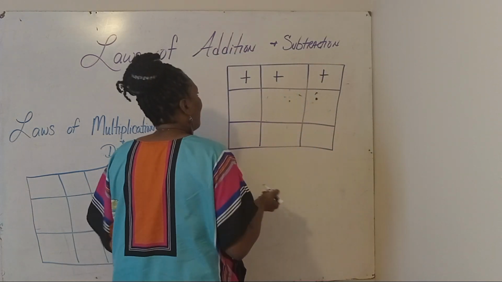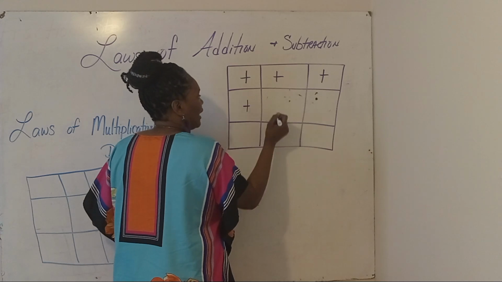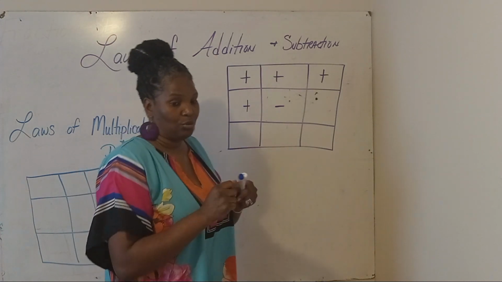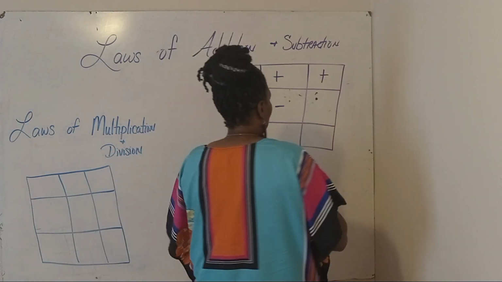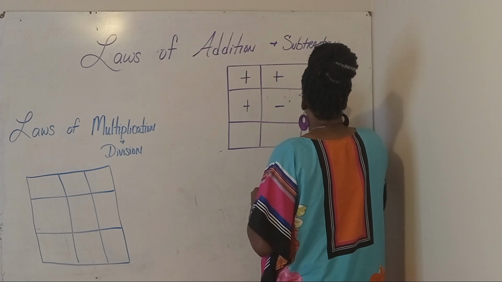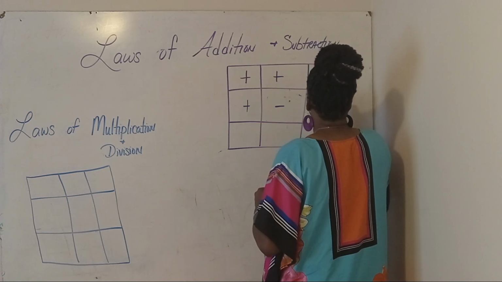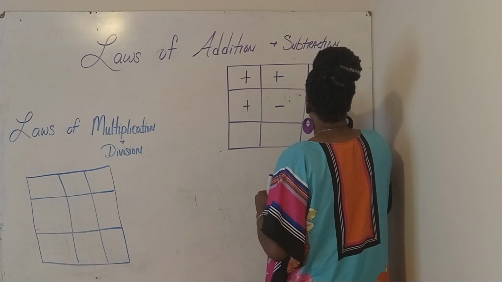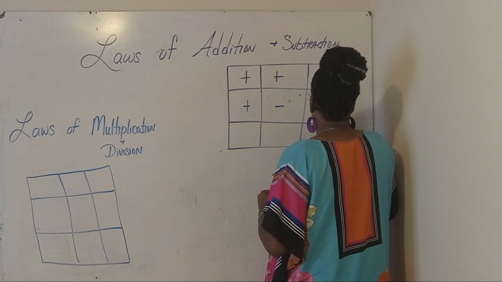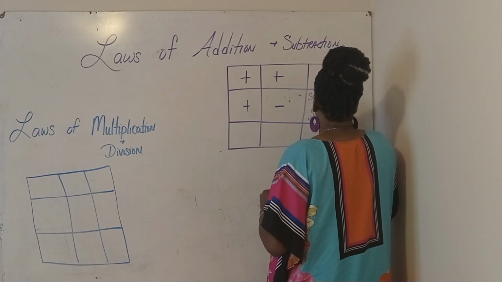If you have an addition sign and a subtraction sign, you subtract the two numbers and you go with the sign of the bigger number.